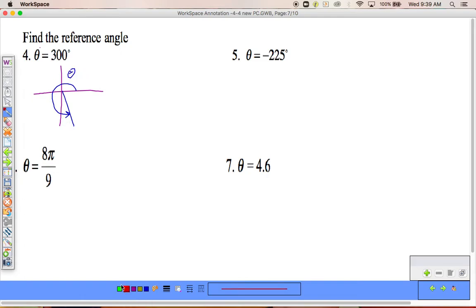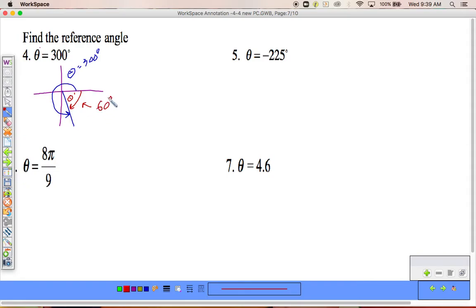My reference angle is going to be theta prime, which is going to be that angle. If this big angle is 300 degrees, then my reference angle, this angle here, is going to be 60 degrees.